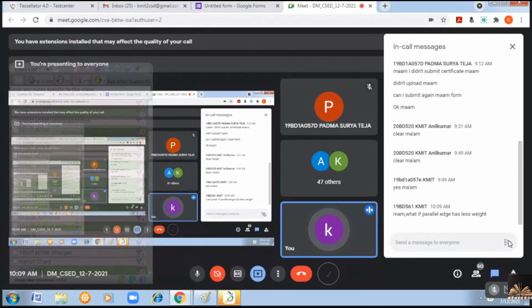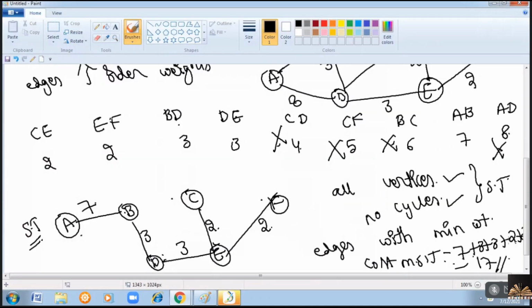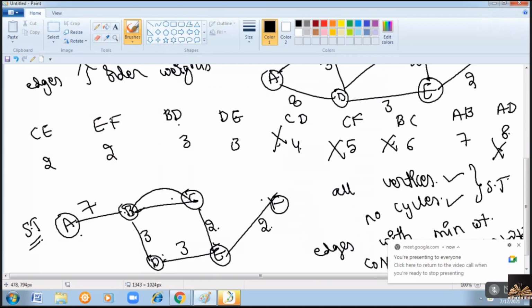What if parallel edges have a list? I didn't get you. If you have parallel edges like this, then before you start your Kruskal's process, you remove the parallel edges, right? So you just compare these two edges.